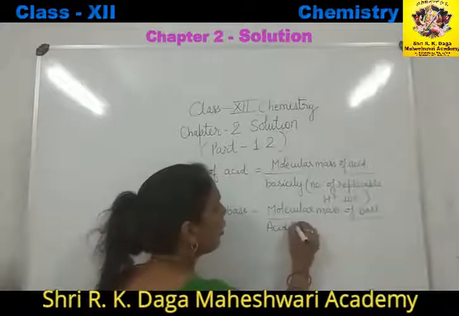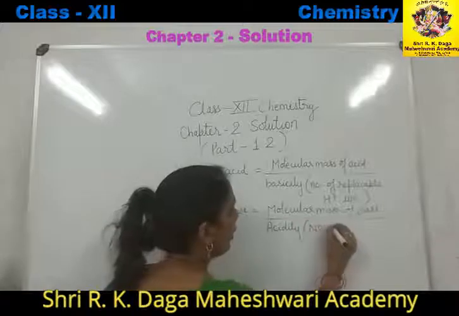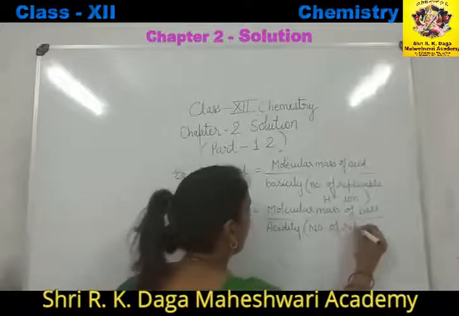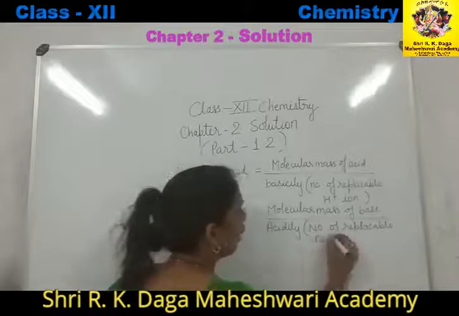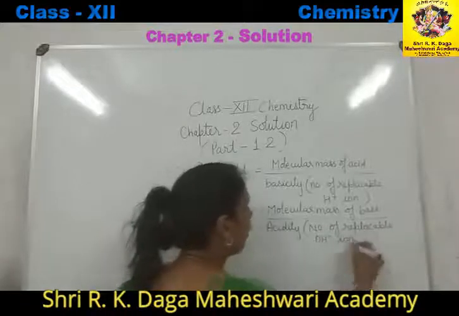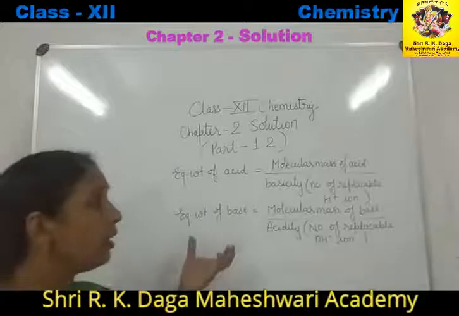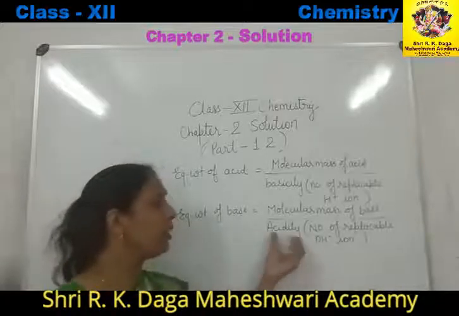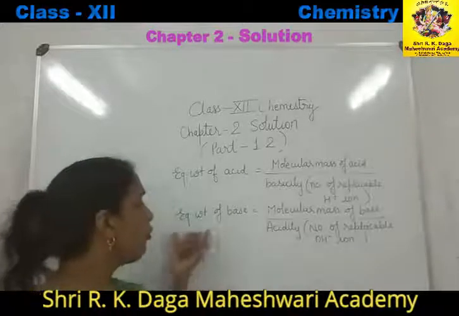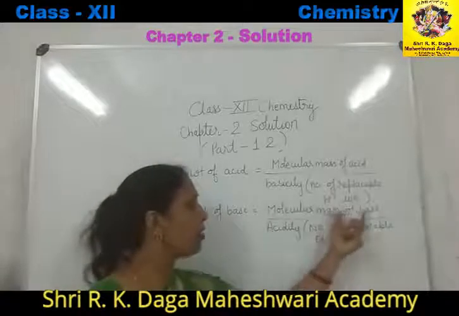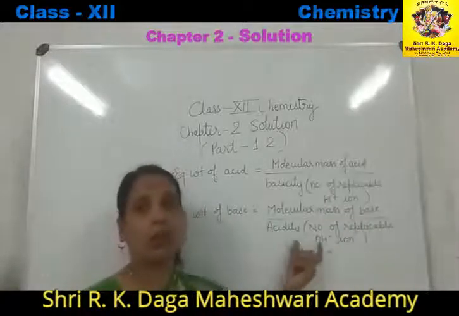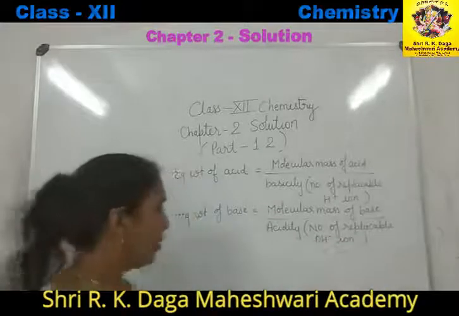Acidity means the number of replaceable OH negative ions. How many OH negative ions are furnished by a base? That will be the acidity of the base. So divide the molecular mass of the base by acidity, the number of replaceable OH negative ions.